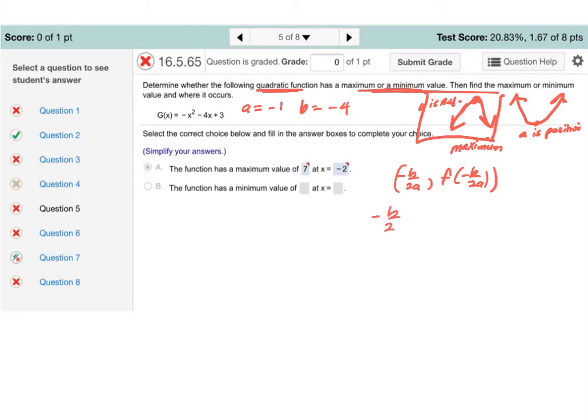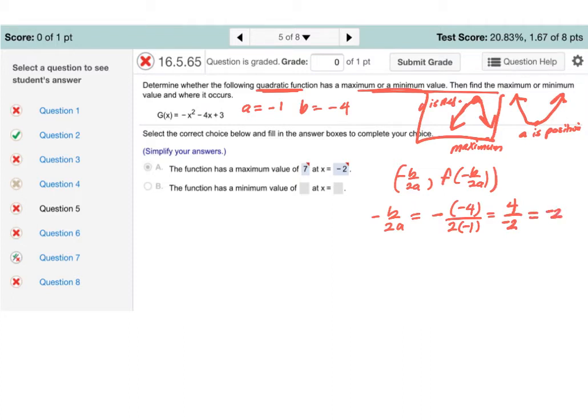So we can determine our vertex from this point. We have negative b over 2a, which will be a negative of b, which is negative 4, over 2 times a, which is negative 1. So a negative of negative 4 will be a positive 4 over 2 times negative 1, which is negative 2. And so 4 divided by negative 2 is negative 2.